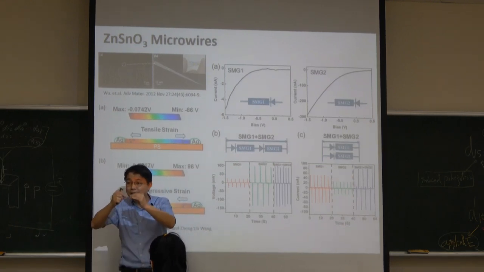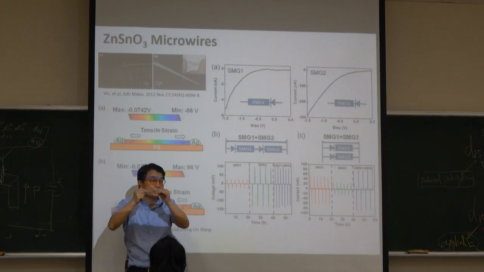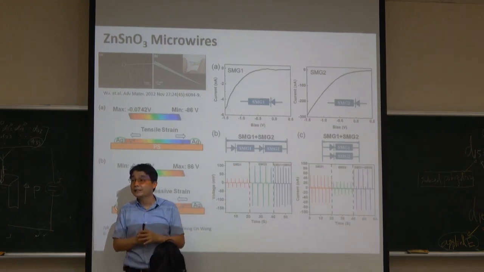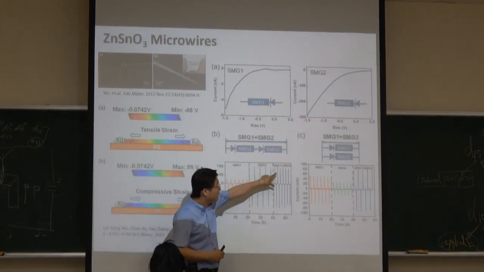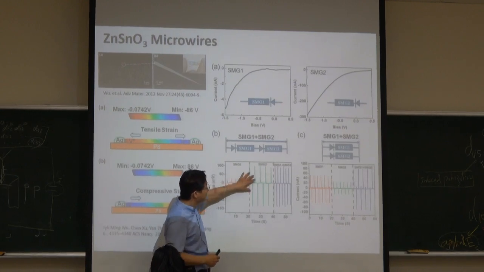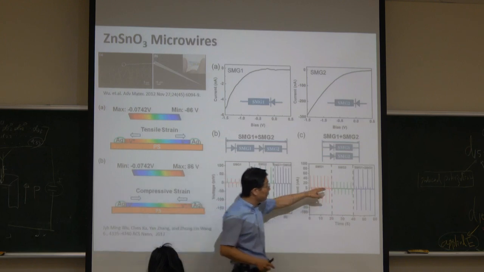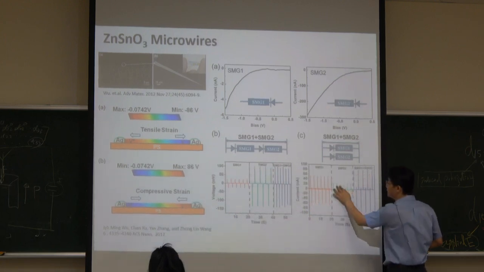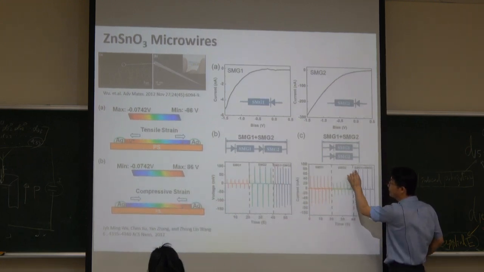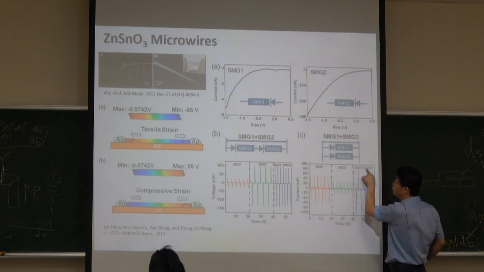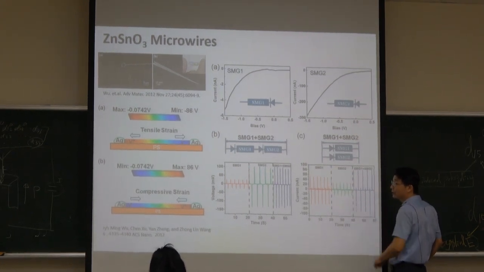You still need to consider the resistance between the devices. So therefore, this value is not over 100. But for the current, you could see it reaches hundreds.